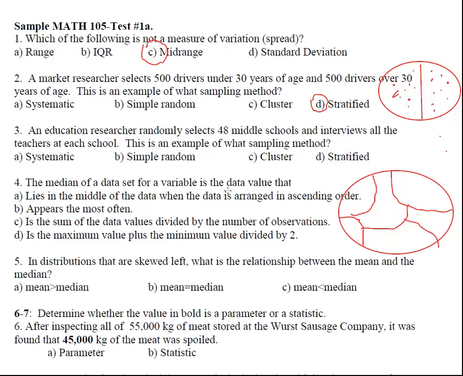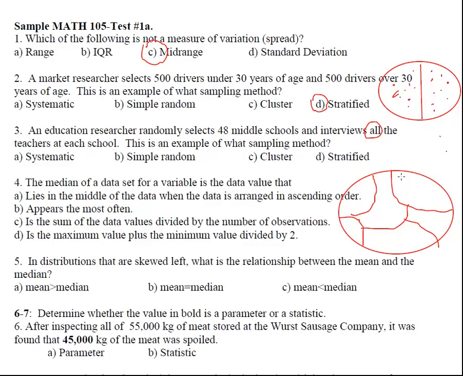So the next question, we're doing the same thing. A researcher selects 48 middle schools and interviews all the teachers. So a key word here is all within each group. And so the idea, I wasn't able to draw 48 groups here, but let's just pretend we have a few. The researcher is only going to pick a few of these.